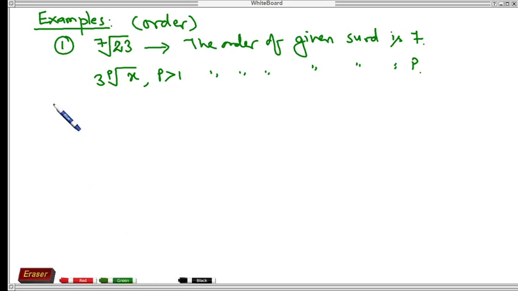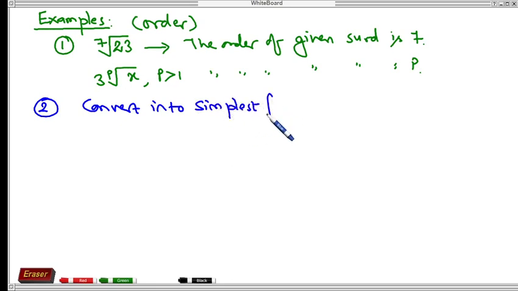Now move to second type question. Suppose we have to convert into simplest form. For example, the sixth root of 16x to the power 4.